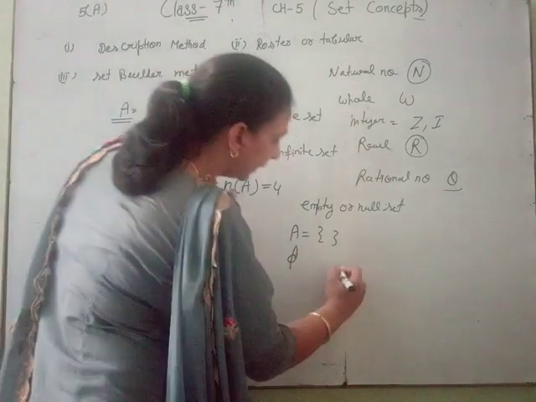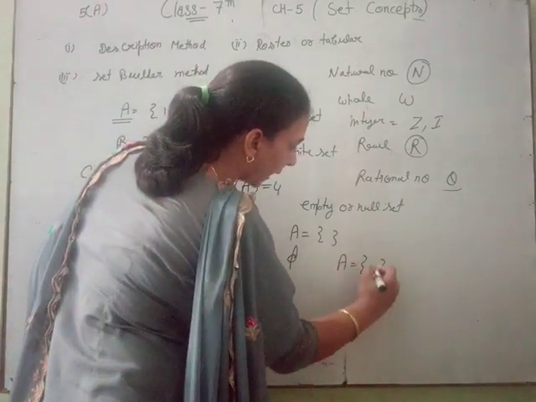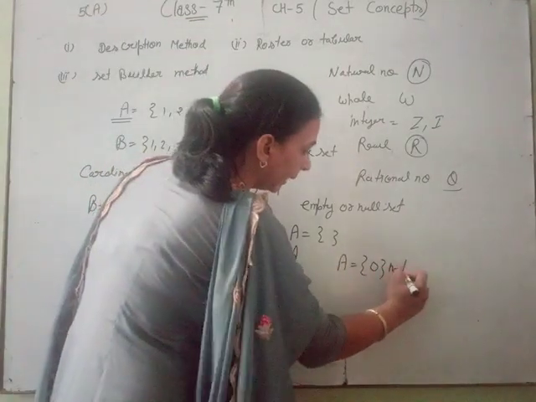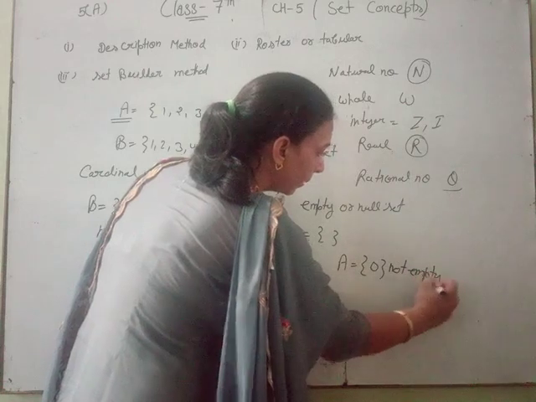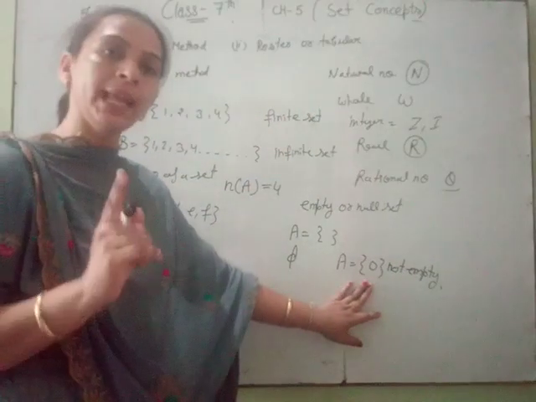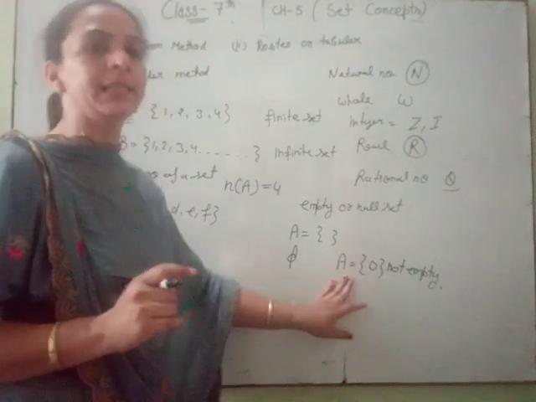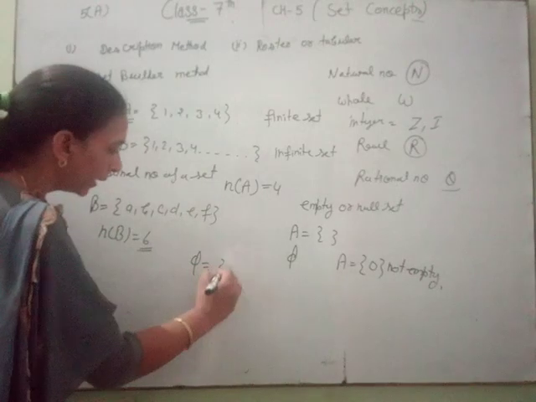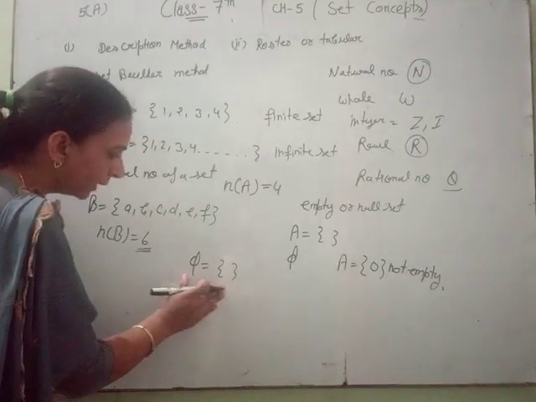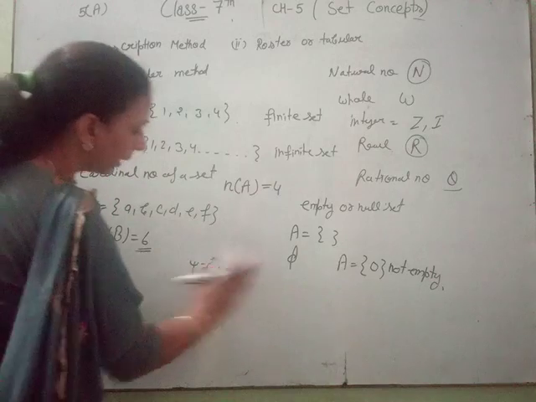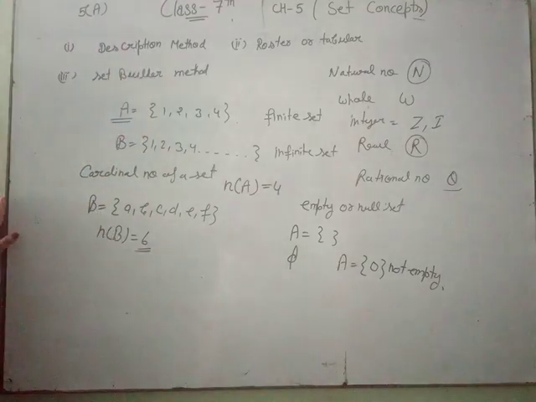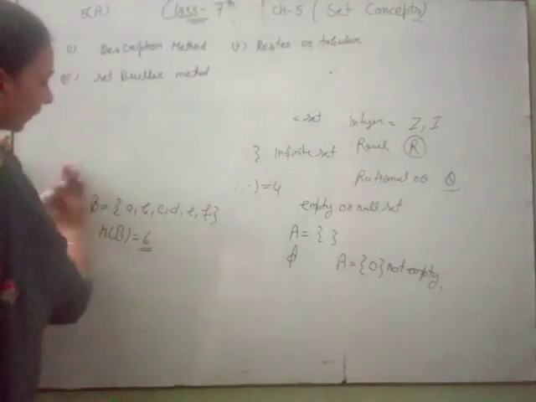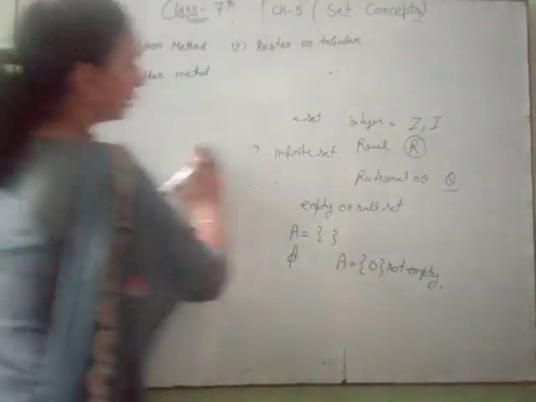But if we write A = {0}, this is not empty, because in this set A there is one element, that is 0. So phi is equal to { }, but phi is not equal to {0}, because in this set there is one element, 0. Next, after that, null set or empty set.